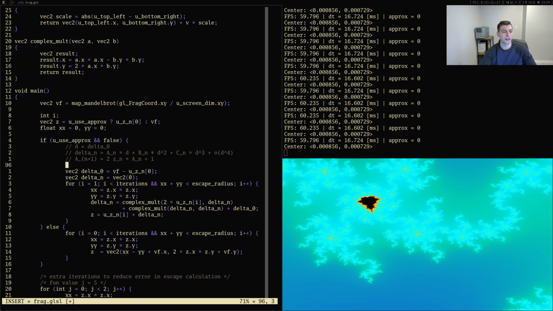And then bn plus 1 is equal to 2 times zn times bn plus an squared.